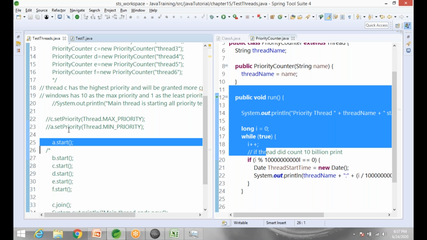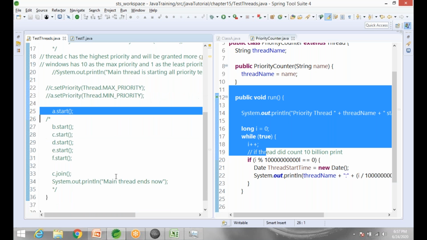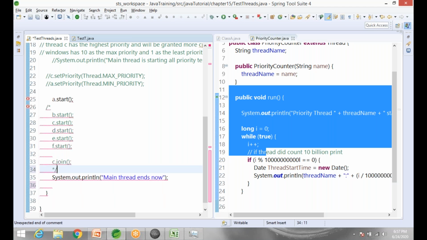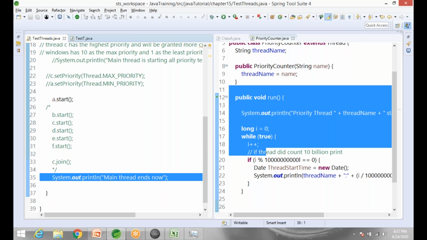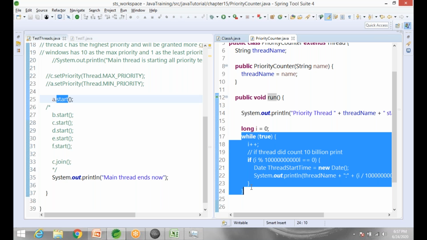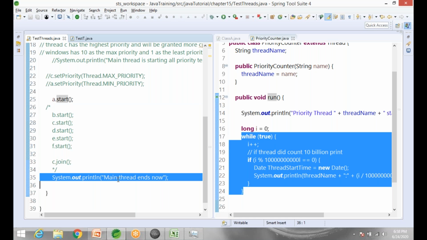This indicates that the main program doesn't have to wait until you come back from this method. You can continue with your next lines. Technically, if it was a sequential program, the moment you go to the other class, you're stuck here in the infinite loop, and you'll never print main thread ends.